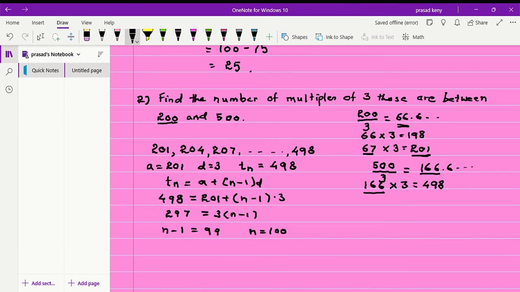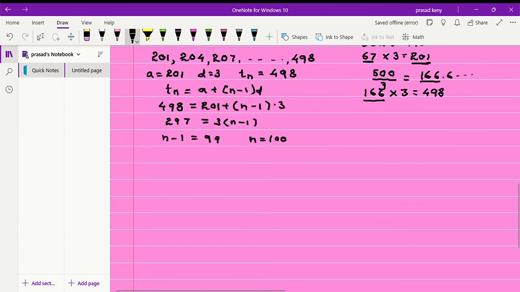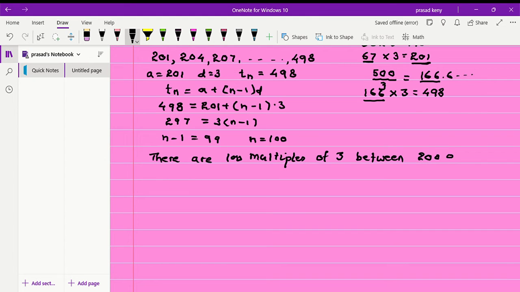And that will mean there are 100 multiples of 3 which are between 200 and 500.